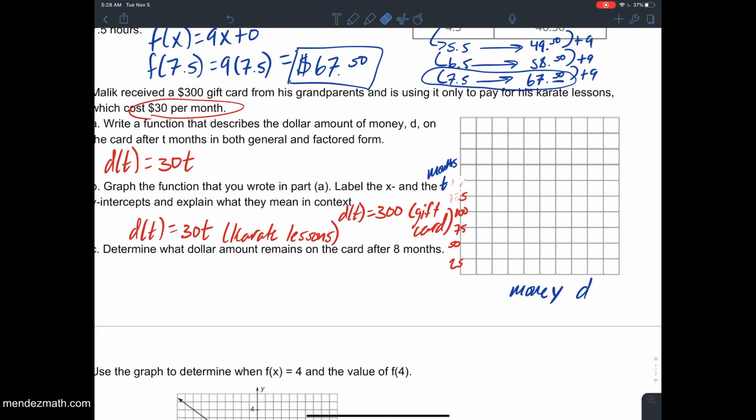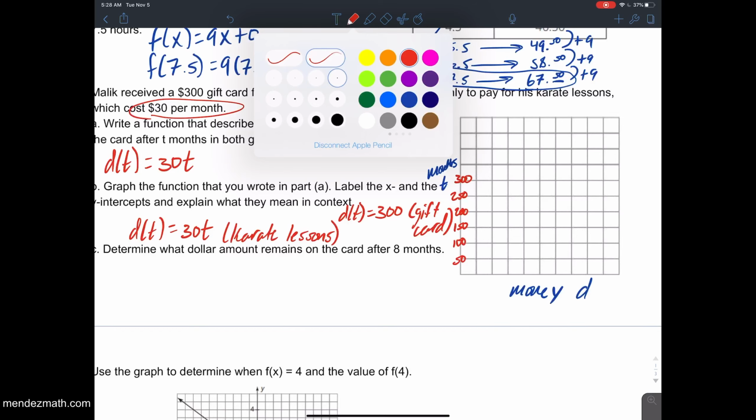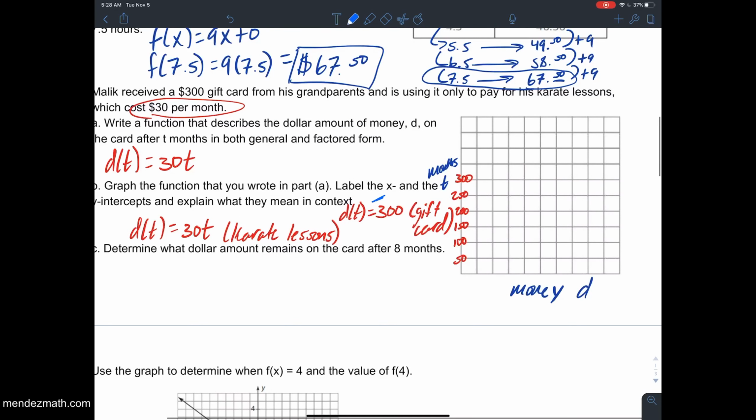Nope, still doesn't work. 50s. 250, 300. Okay, so this one will be blue.